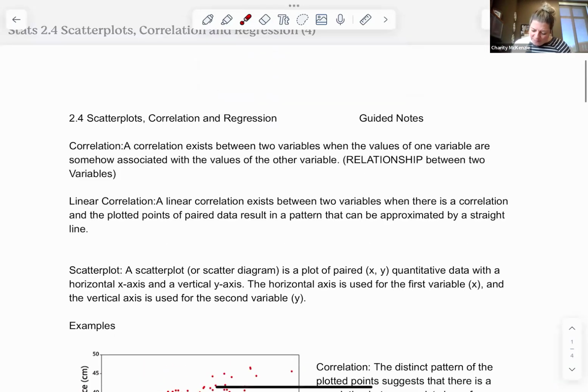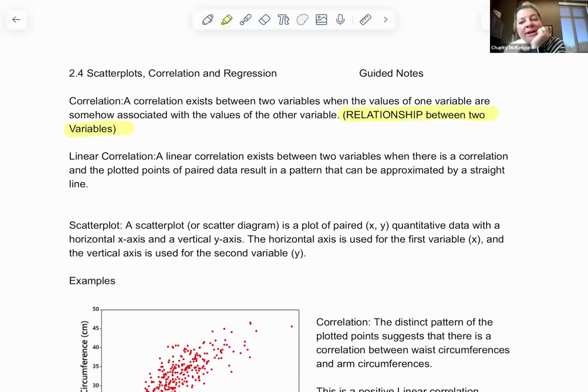So correlation is a relationship between two variables, two ideas. So if they're both growing together, like this red one down here, it is going to be a positive, right? They're both growing in a positive direction, so the relationship is positive. We cannot say one causes the other.